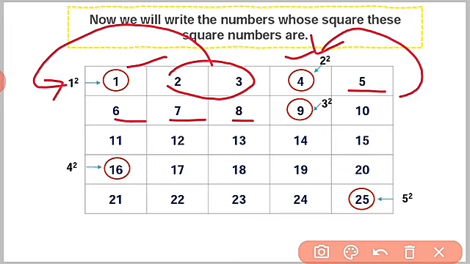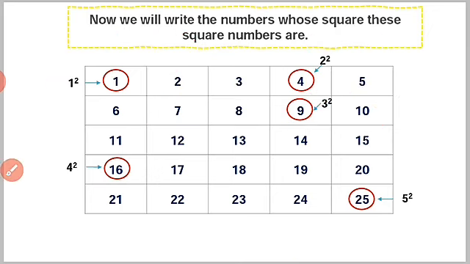In the same way, there are a total of 6 natural numbers between 9 and 16, which are exactly equal to twice of this 3.